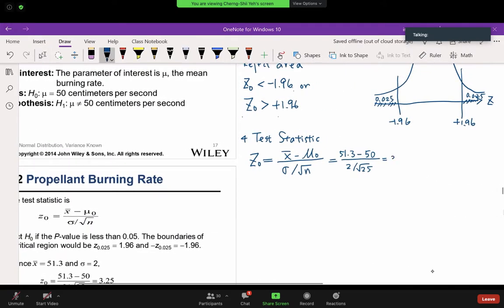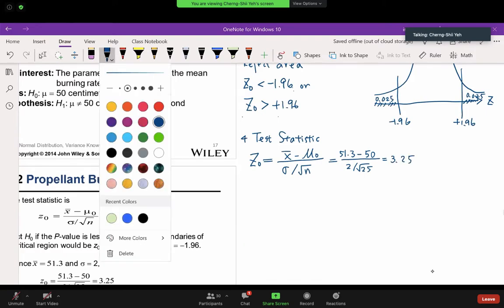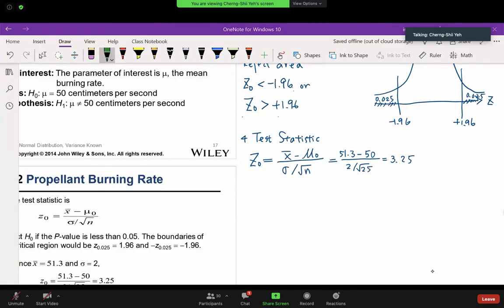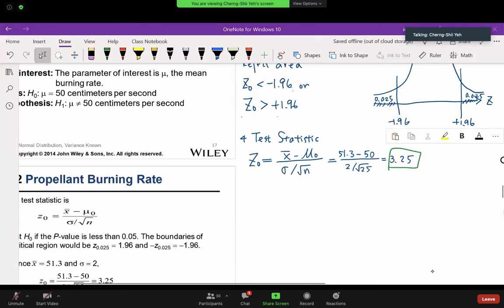This value is 3.25. Now let's compare the location of my test statistic to the confidence interval. 3.25 is not located between plus minus 1.96. It is actually somewhere over here, outside the confidence interval.